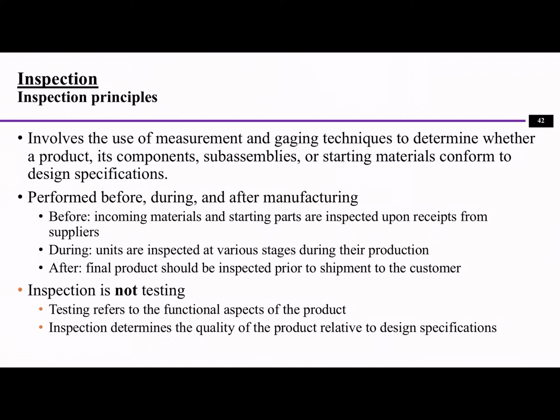Otherwise, if one process is generating some bad parts and you fail to notice them, the bad part goes through all the rest of the process, and that's a problem. And it also happens after the product is made, when you want to inspect before shipment to the customers.